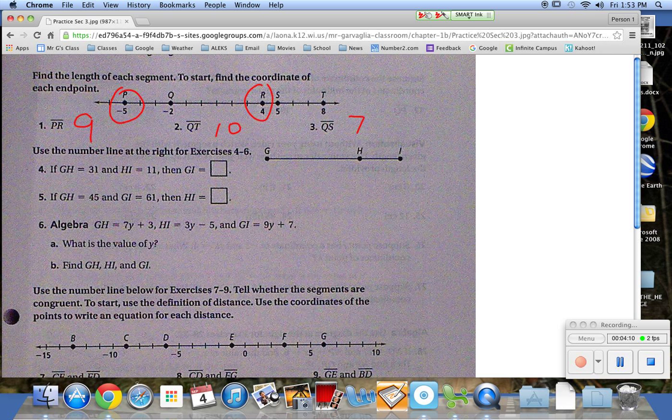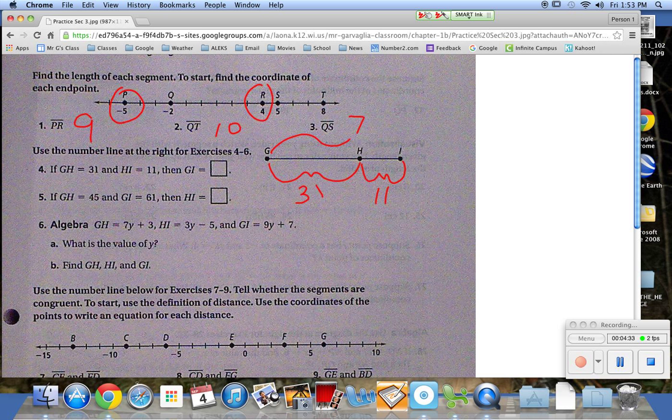All right, so we learn how we can count. Let's take this a step further. GH, this distance right here, is 31. HI, this distance right here, is 11.